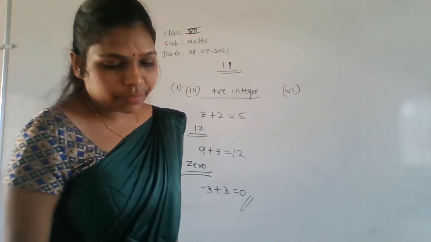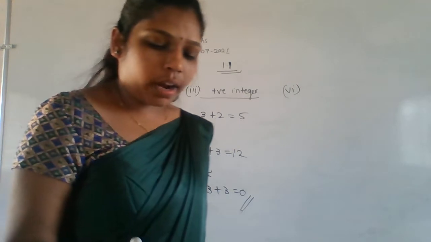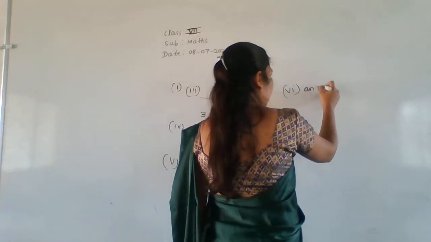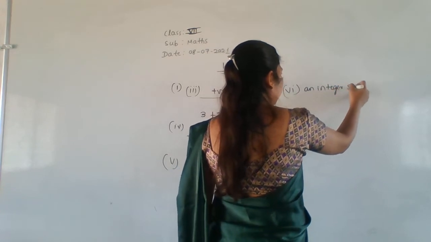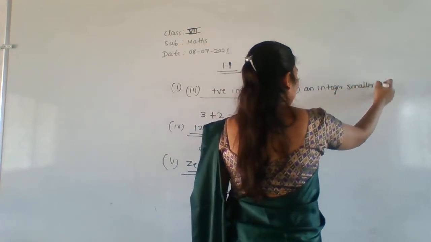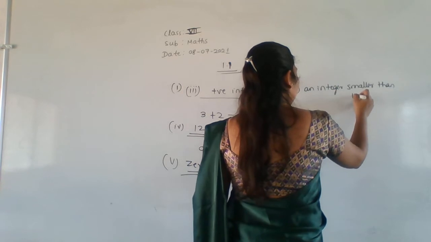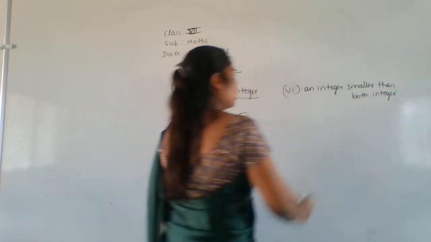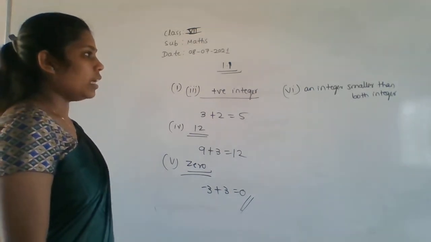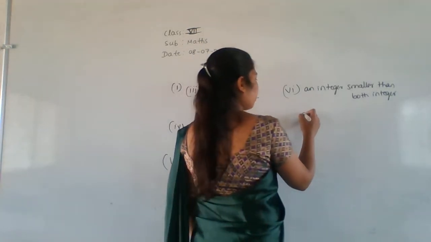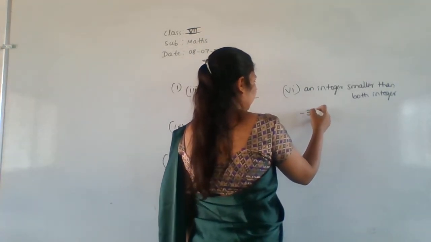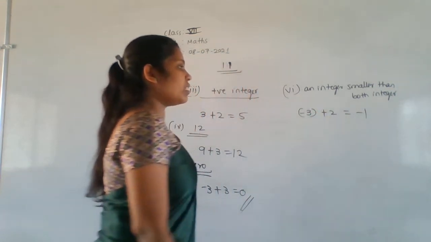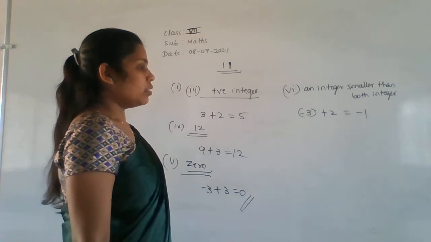Next, the sixth one. What is the sixth one they given? An integer smaller than both the integers. See here, minus 3 plus 2, we will get minus 1.